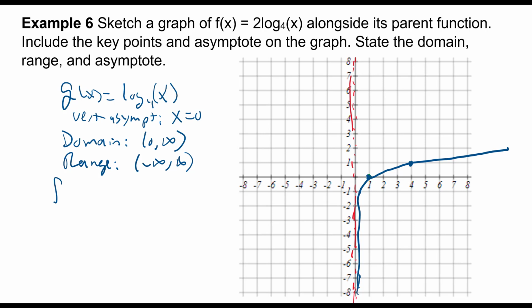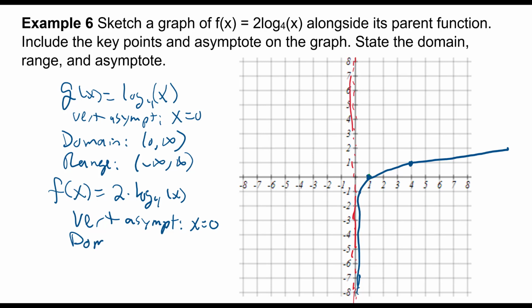And now for our f of x equals 2 times log base 4 of x, we'll have a vertical asymptote of x equals 0, a domain of 0 to infinity, and a range of negative infinity to infinity.